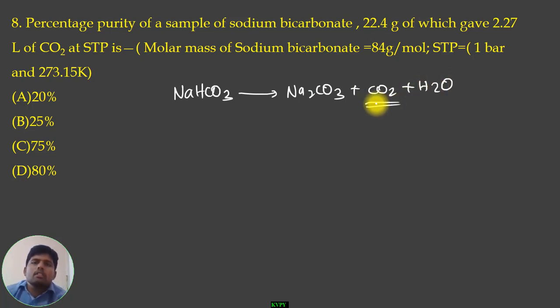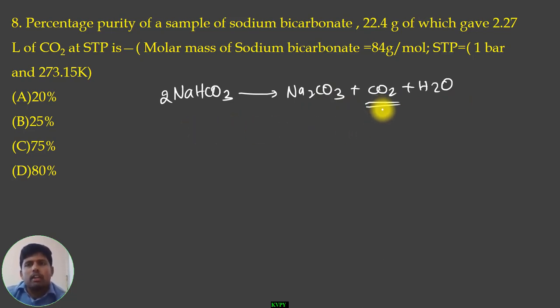They have given the volume of CO2 obtained at STP. And here it's Na2CO3, so it has to be balanced like this. 2 moles of NaHCO3 will give Na2CO3, CO2, H₂O. Yes, this is balanced now. Very simple.